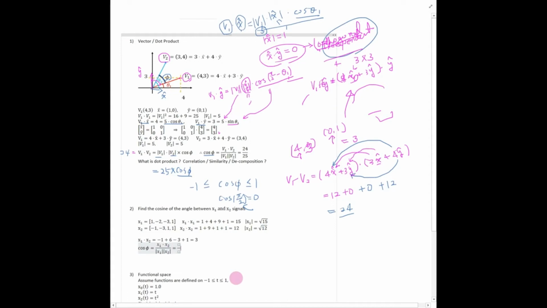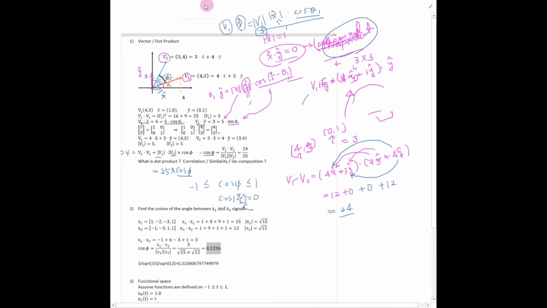The dot product gives 3, divided by the square root of 15 times the square root of 12. This value is about 0.2236.